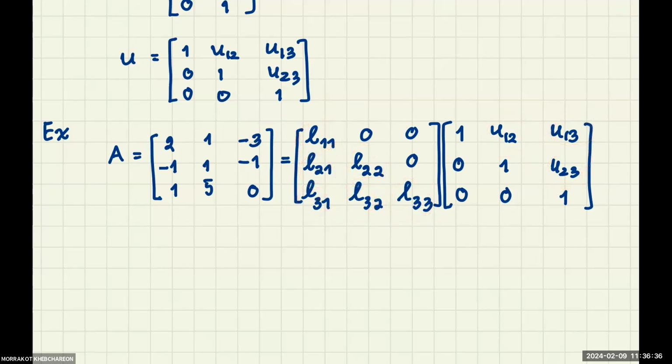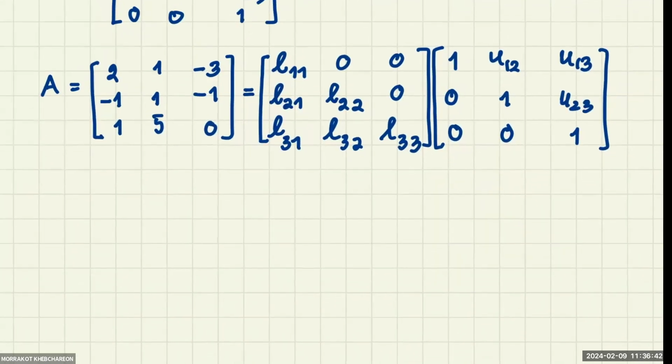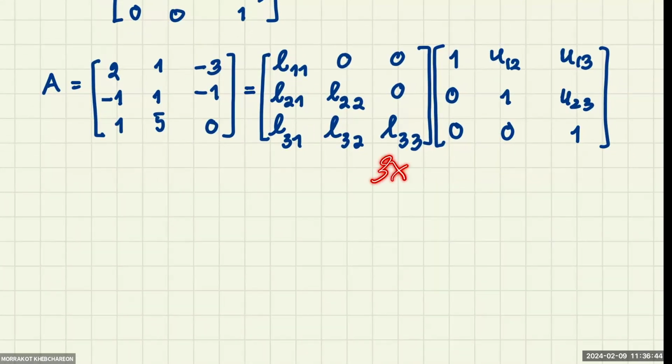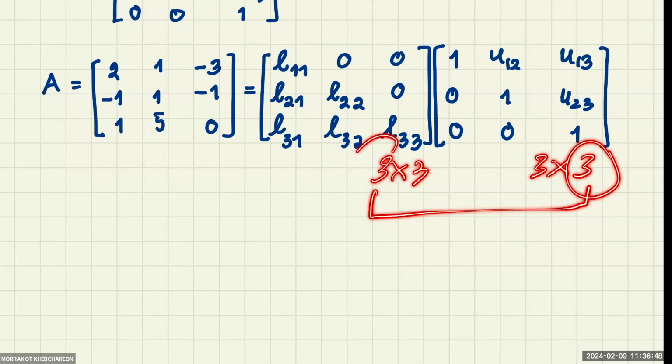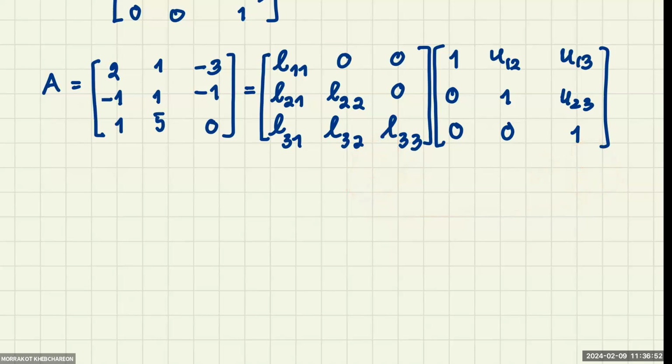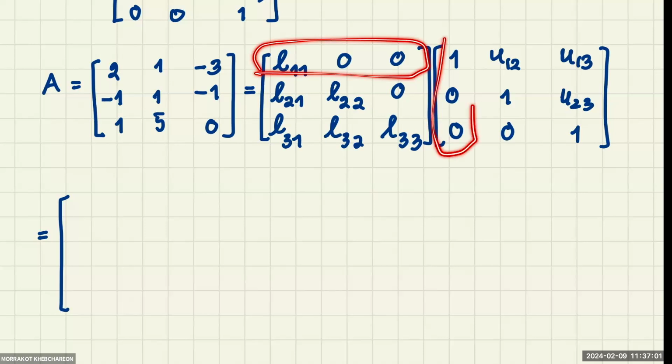So now you just do straightforward matrix multiplication. This is 3 by 3 times 3 by 3, so the resulting matrix would be 3 by 3. Write out all those 3 by 3 elements. The first row, first column, you get L11.